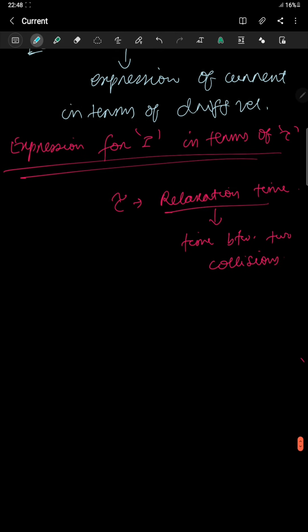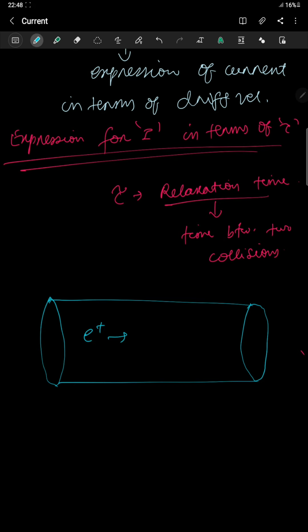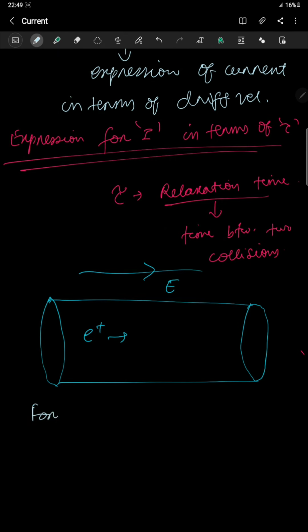So again, let us consider your conductor, cross section A, and let us imagine that positrons are moving, for simplicity, and the electric field is along this direction. If an electric field is there, that means the conductor is connected to a battery. Then what will be the force on your positron?